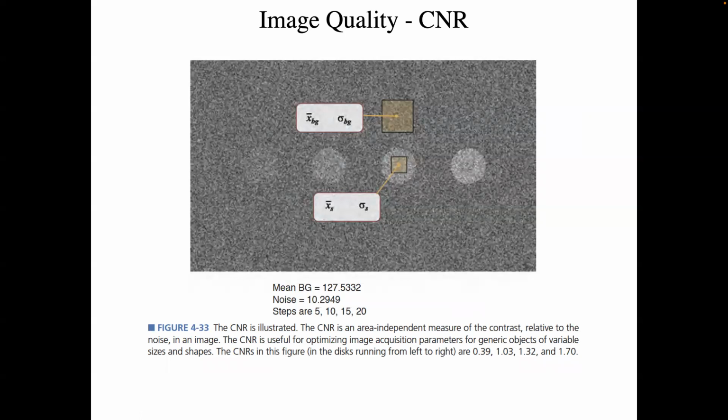And in most of CT, if you're going to measure this contrast to noise function, you assume that these two sigmas are roughly the same, that the signals are close enough together.